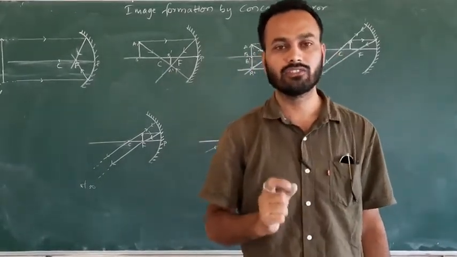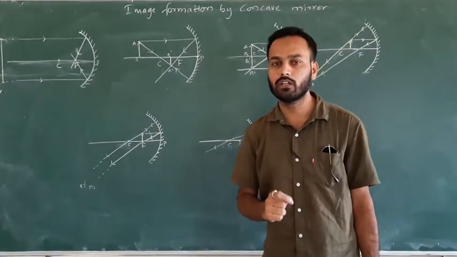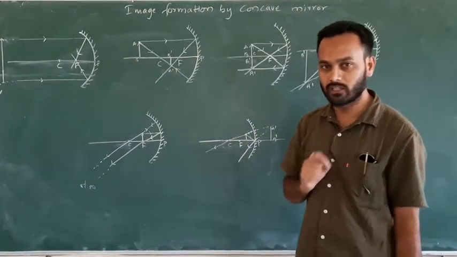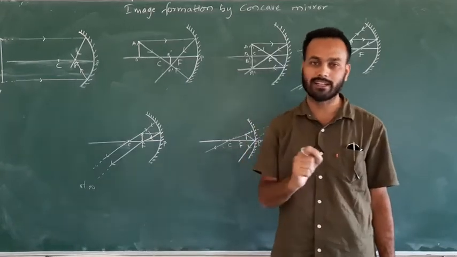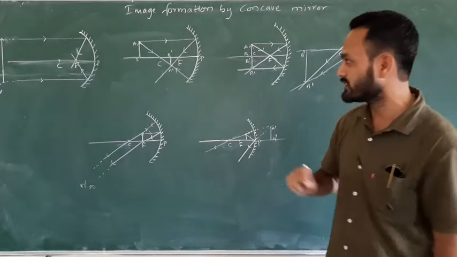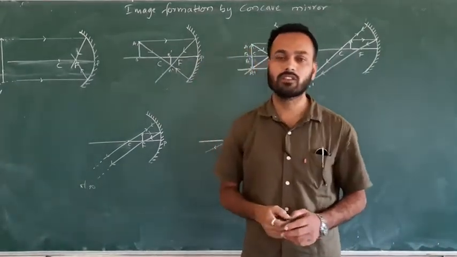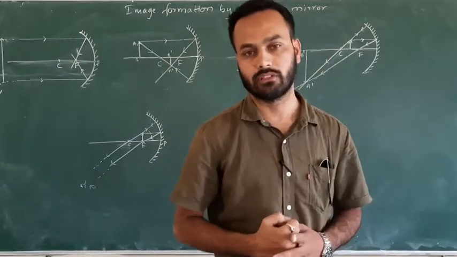Yes, the image is smaller in size than the object. Such images which are smaller than the object are called diminished images. So it is a diminished image and the nature remains real and inverted.